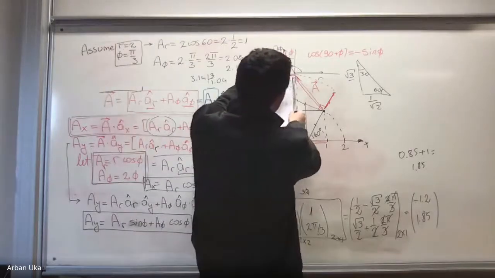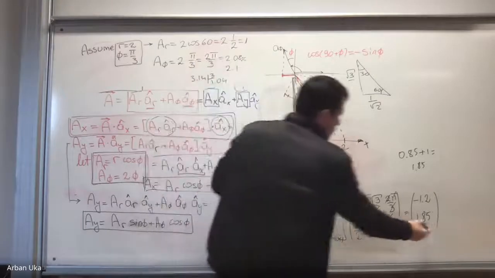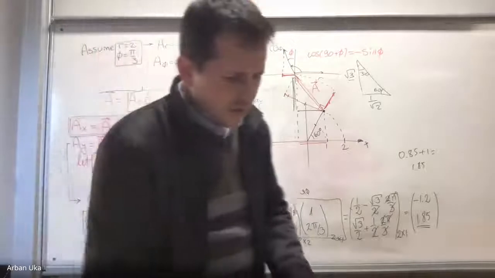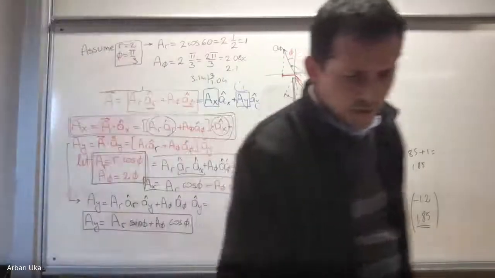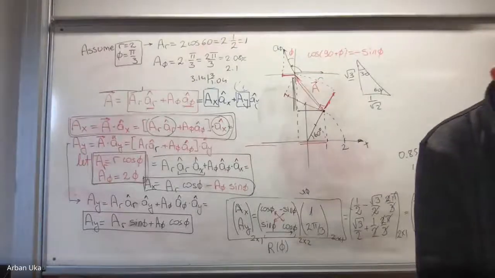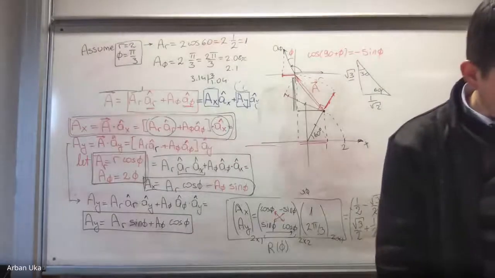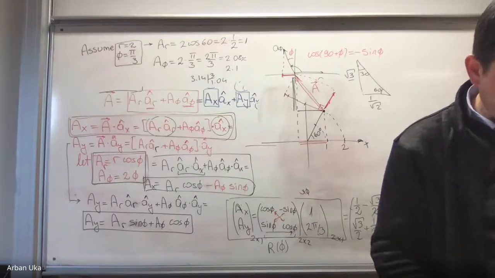It looks like this projection on the y is slightly shorter than this 2, which shows at 1.85. That's good. So we kind of confirm, to the best of our drawing abilities, that we converted in a good way the vector A, given in the cylindrical coordinate system, and projected it down to the Cartesian coordinate system.